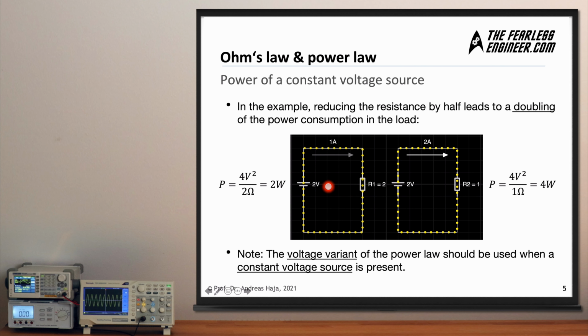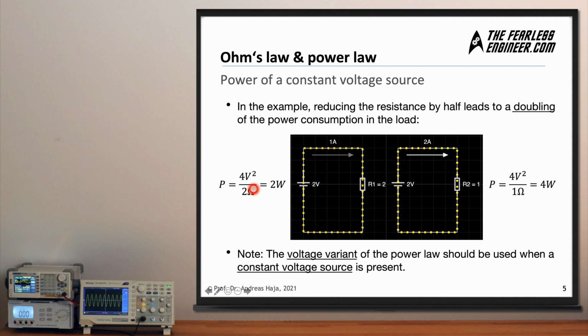And it all depends on this ratio of internal resistance of the, let's say, battery and the resistance of the circuit which we connect it to. And in such situations, if the voltage source is more or less constant, then you can easily use this variant here of the combination of power law and Ohm's law.